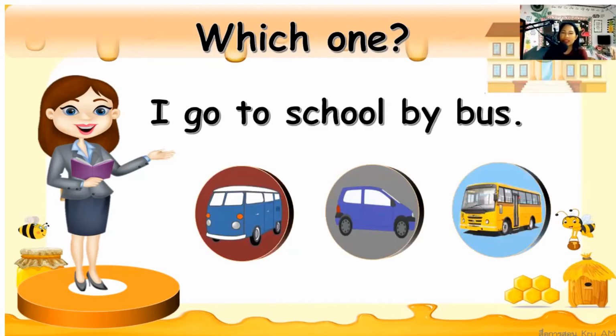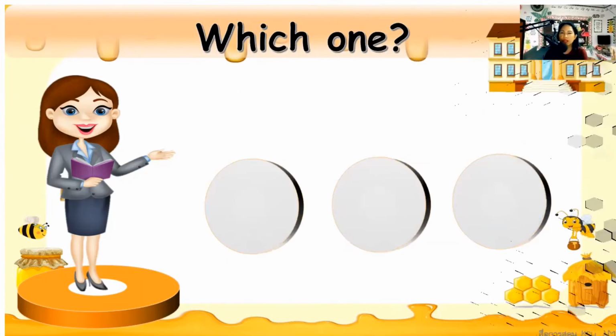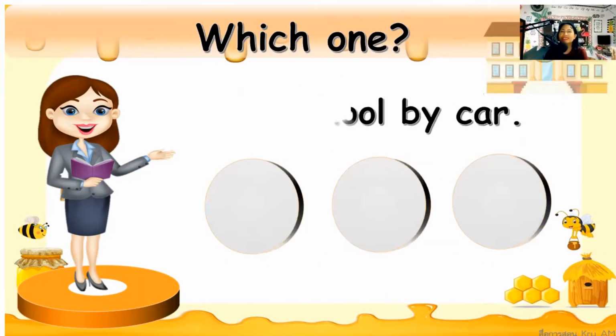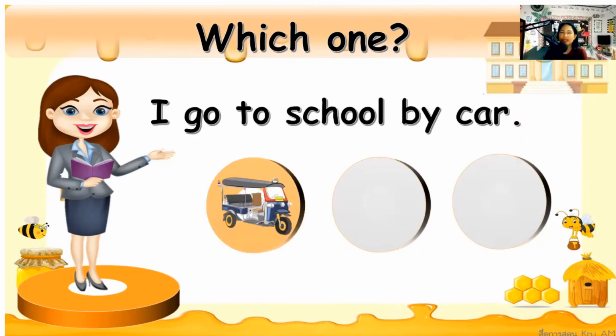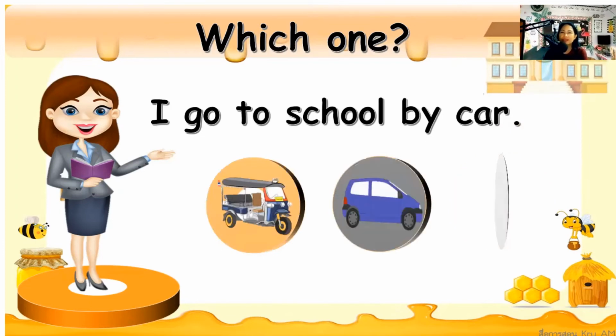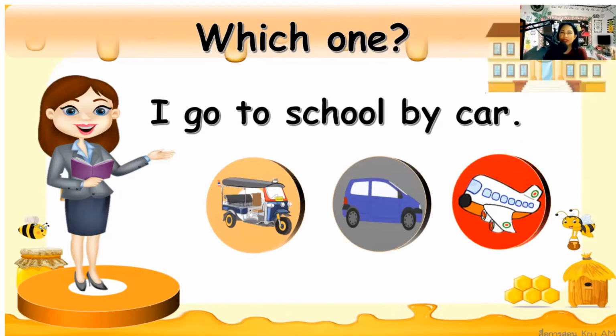Yes, it's the third picture. Good job. Which one? I go to school by car. The first, second, or the third? Okay, which one is car? That's right, it's the second one. Very good.